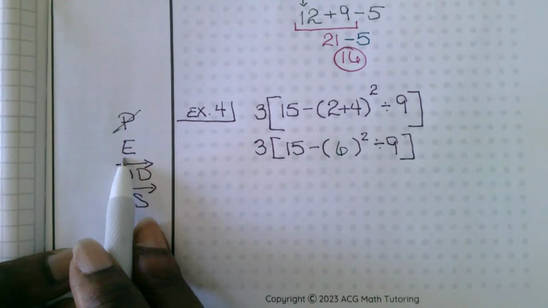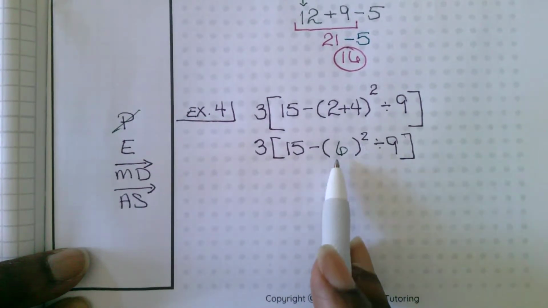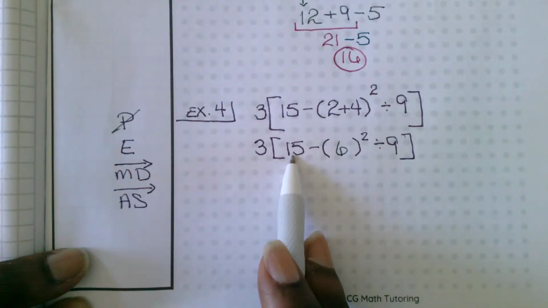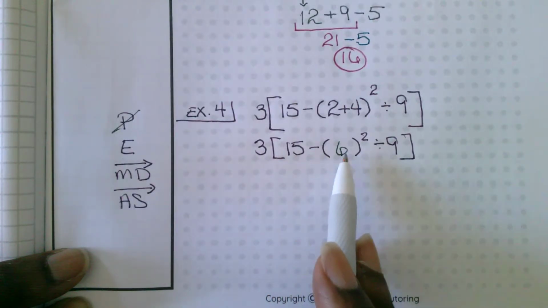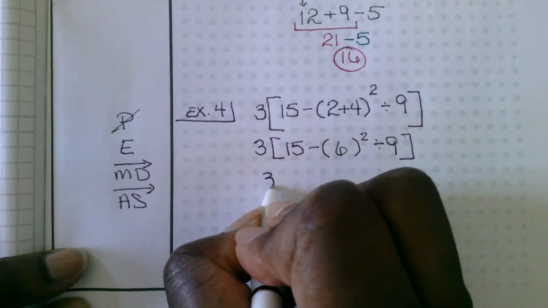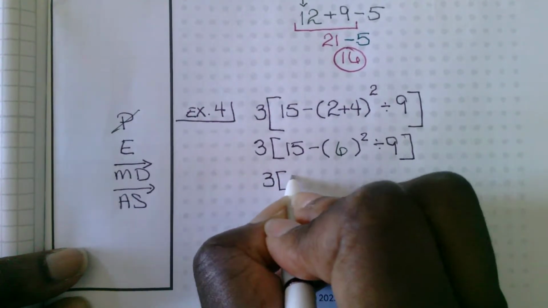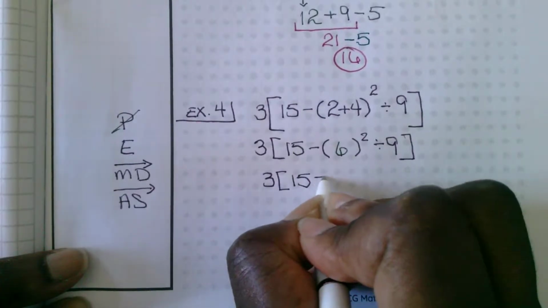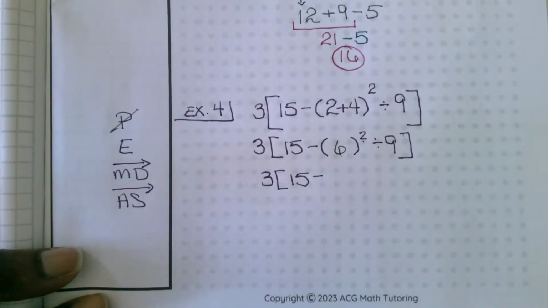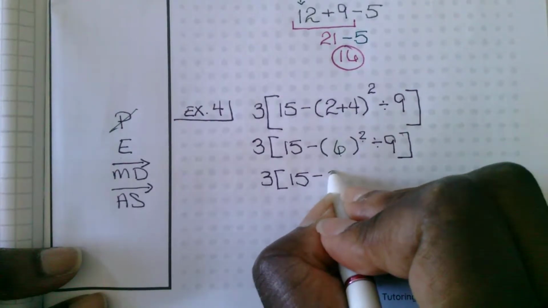Now we have E for our exponent. So we have what's being raised to the second power. It's not the difference of 15 and 6. It's just the 6. So let's bring everything down. We have 3. We have our bracket. 15 minus our 6 squared. And our 6 squared is 36.